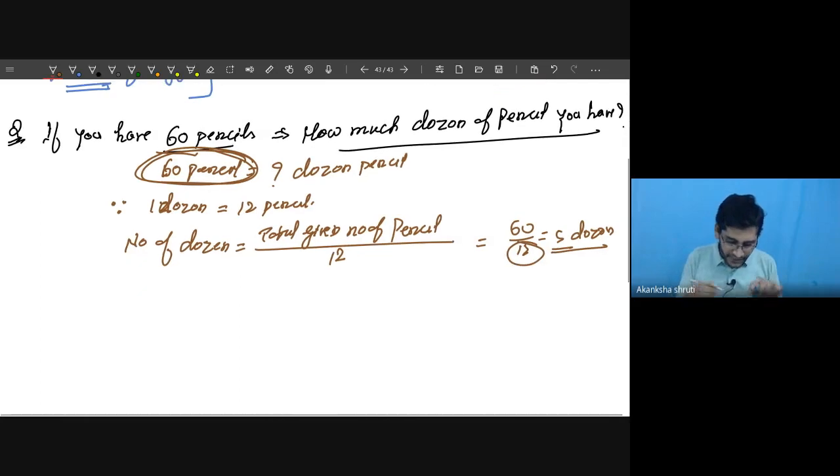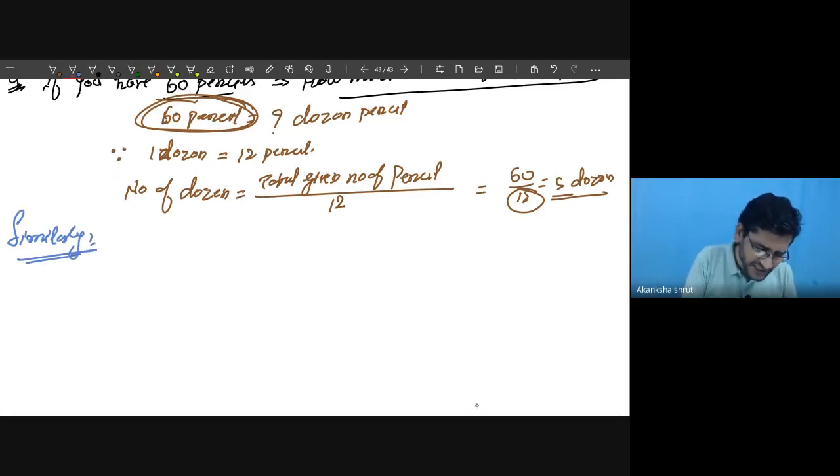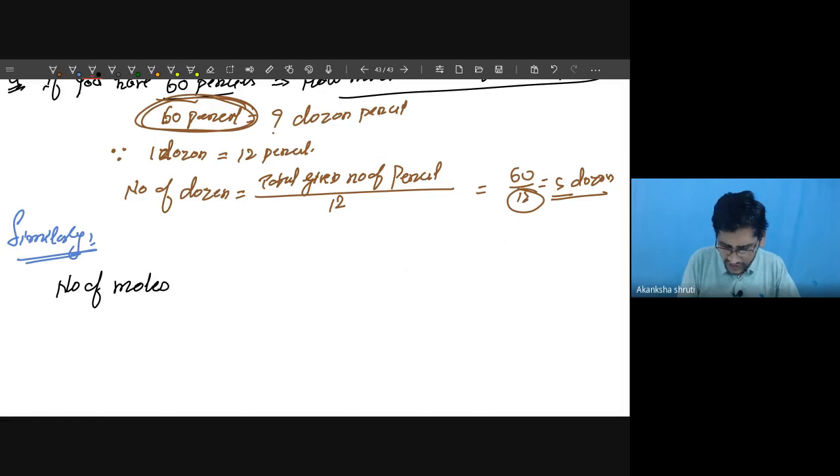Similarly, write this, students. The number of moles can also be calculated. So write this, number of moles. Moles can be of any atom or molecule.